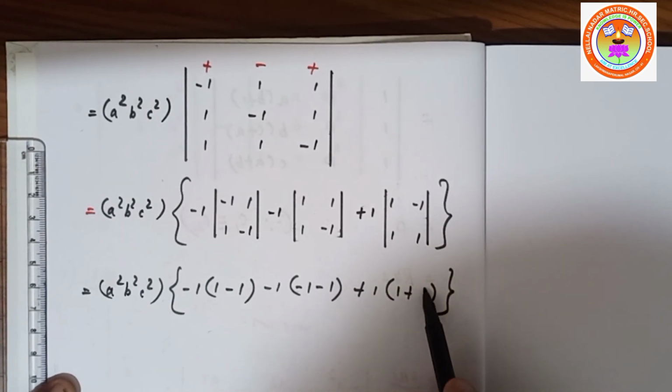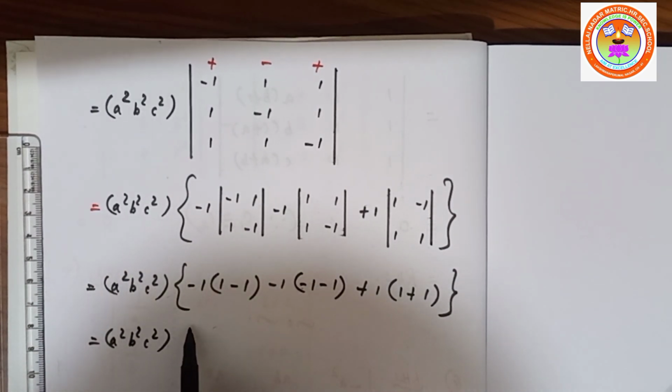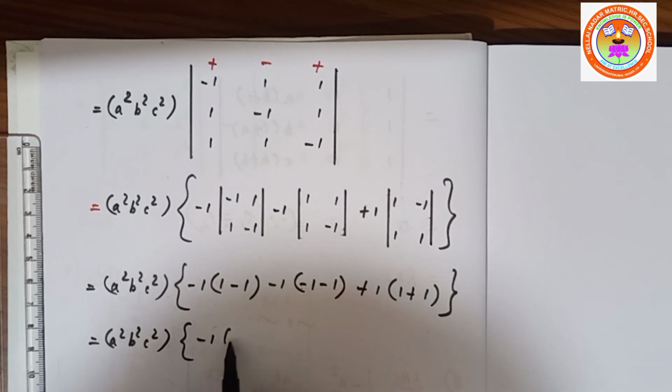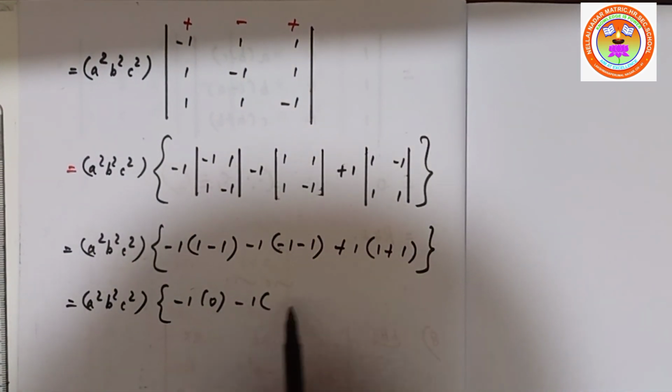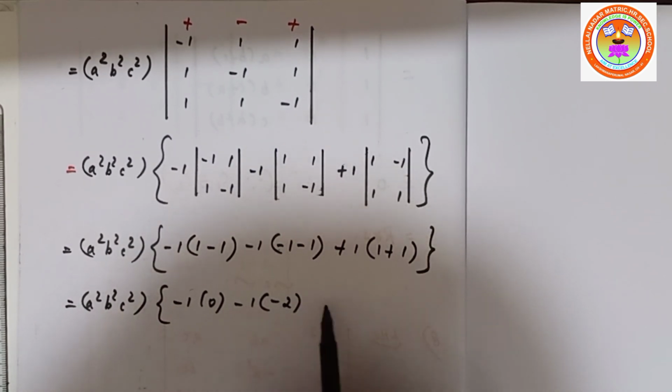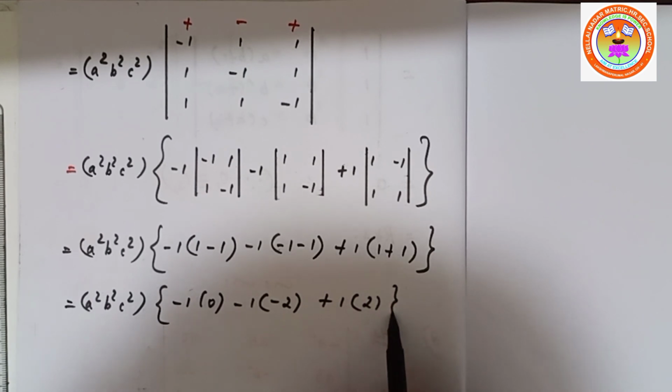Now we have to simplify, that is equal to A squared, B squared, C squared into minus 1 into 0, 1 minus 1 is 0, minus 1 into minus 1 that is minus 2, plus 1 into 1 plus 1 that is 2.